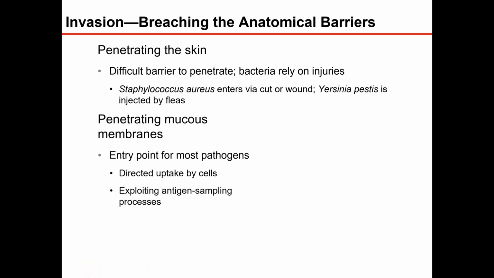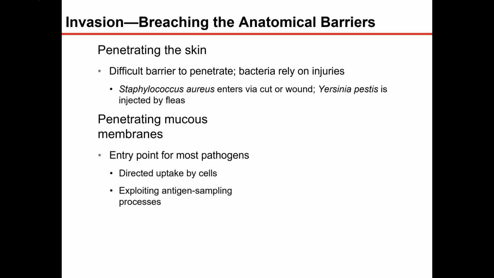There are different environments where the microbes are going to try and get into the body. So one area is the skin, but the skin is typically an impenetrable region. If the skin is not damaged, then it's not going to allow penetration of bacteria.